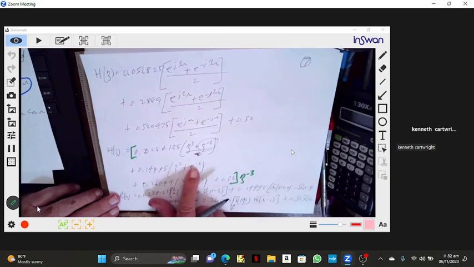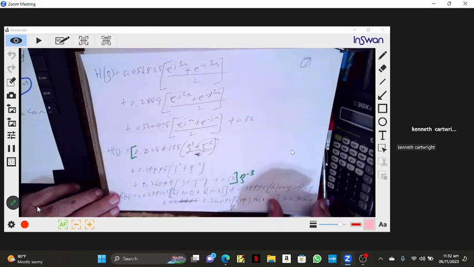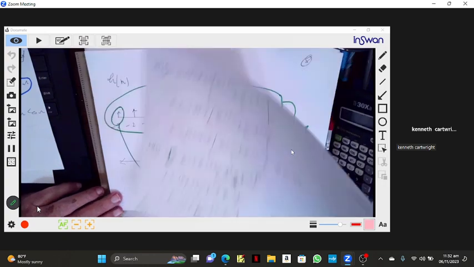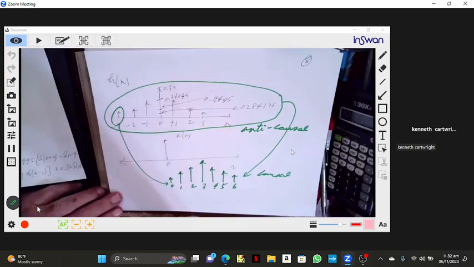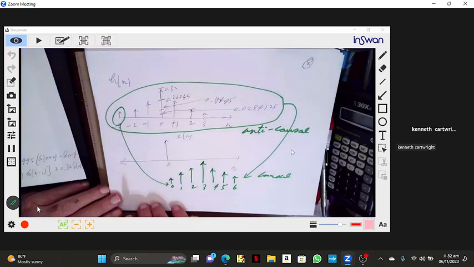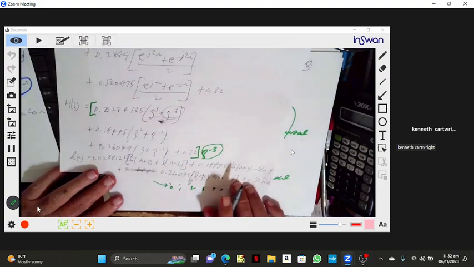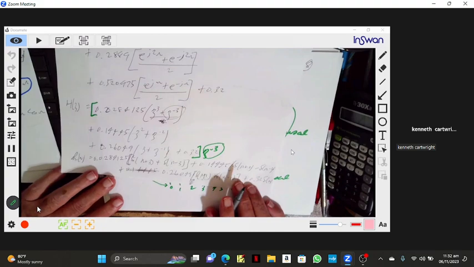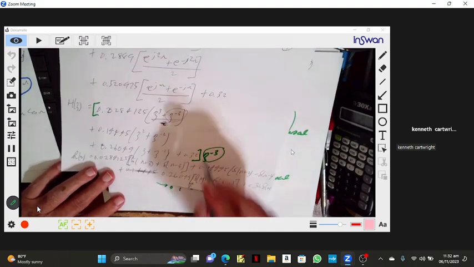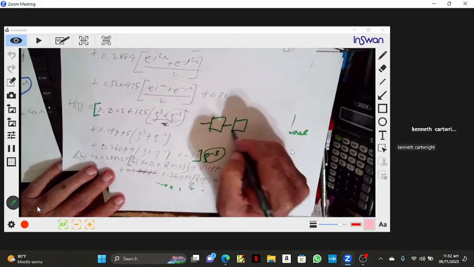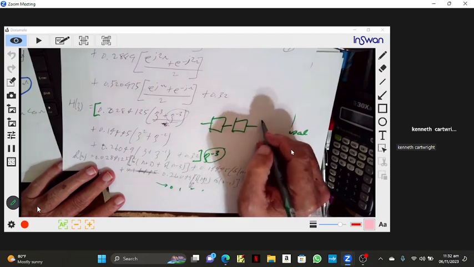So we create a causal filter by passing h of n through a delay. Remember, this is the delay. That's the delay of 3. That's z to the -1 times z to the -1 times z to the -1.